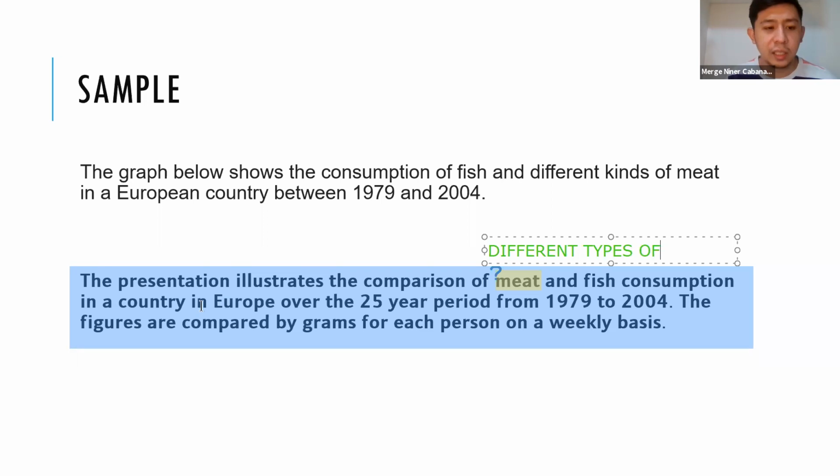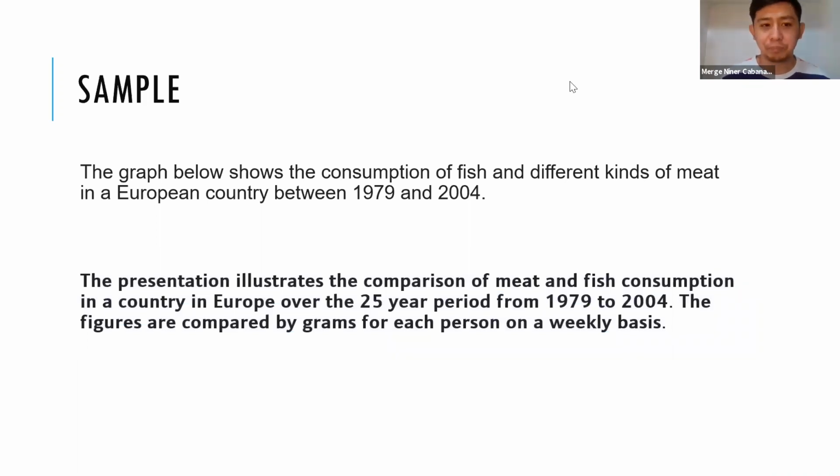Because I cannot use the word European country anymore. So it's okay if you're going to use in repetitively here, the fish consumption in a country in Europe over the 25-year period from 1979 to 2004. The figures are compared by grams for each person on a weekly basis. So this is my sample introduction for this type of task.